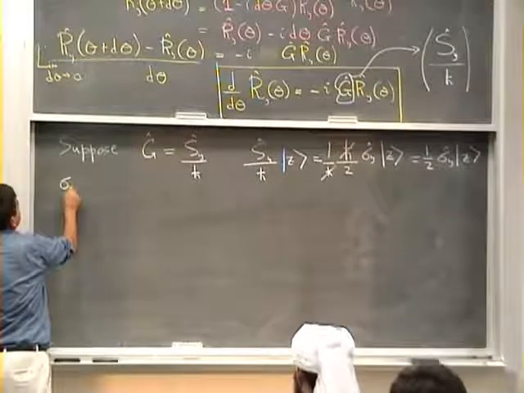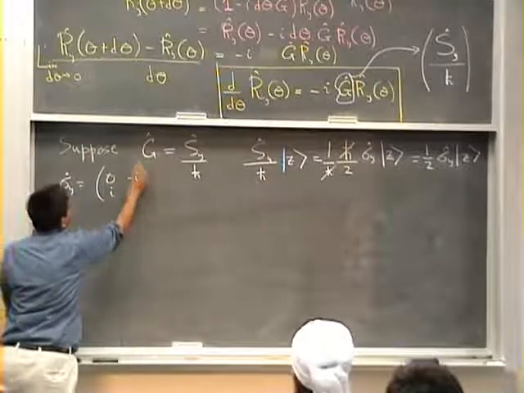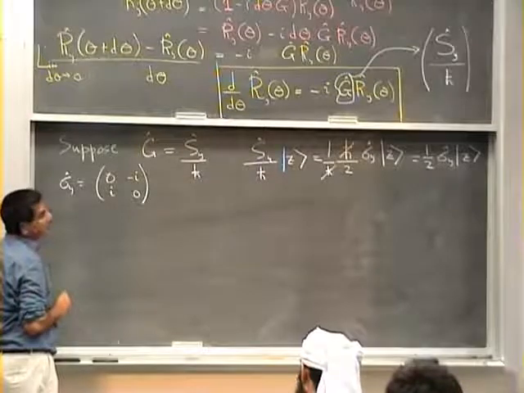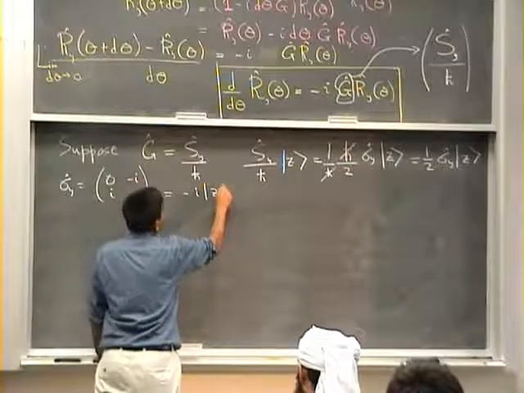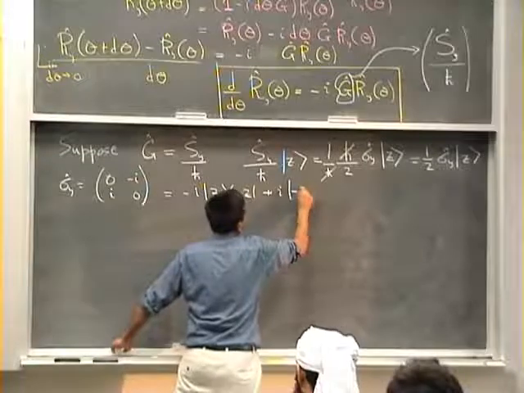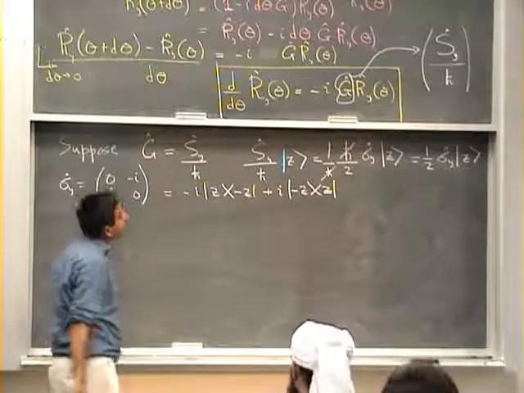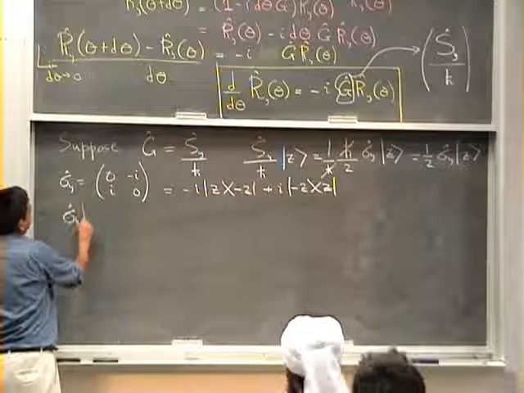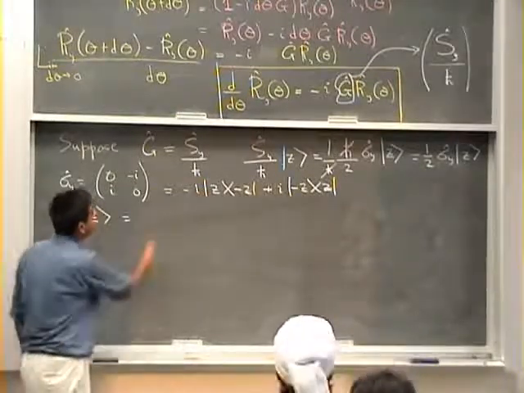My Pauli operator sigma y is simply 0 minus iota, iota 0. Now what is sigma y? Sigma y is minus iota ket z bra minus z plus iota ket minus z bra z. If this operator acts on ket z, sigma y acts on ket z, what is my result? It's iota.